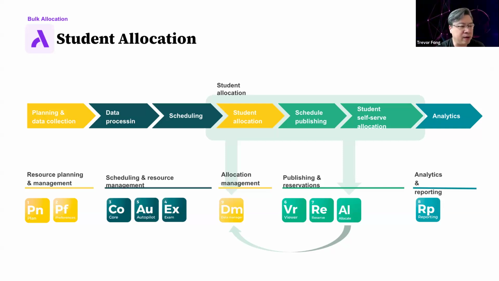Because of its experience working with many IHLs, TimeEdit has seen a lot of advantage for an allocation management tool, which is to bulk allocate the students into the timetable. That's right in the center there before the schedule is published. And you do see Allocate pop up again because you can always do student self-serve allocation and adjustments also as well.